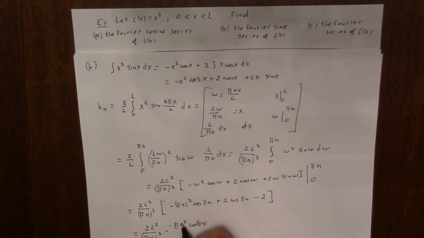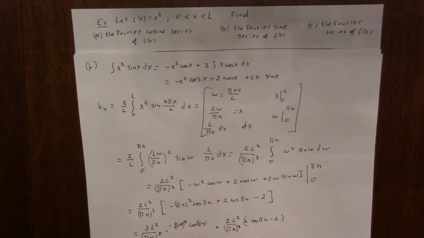So pi n cubed and pi n squared will be reduced, plus 2L squared over pi n cubed times 2 cosine of pi n minus 2.